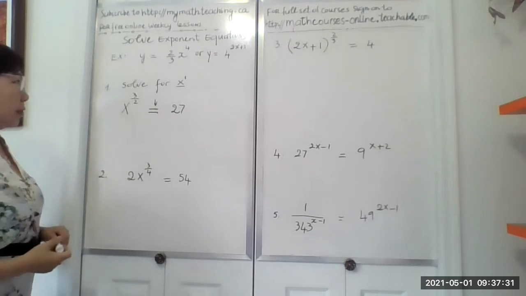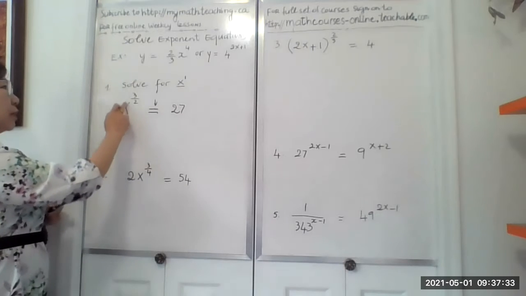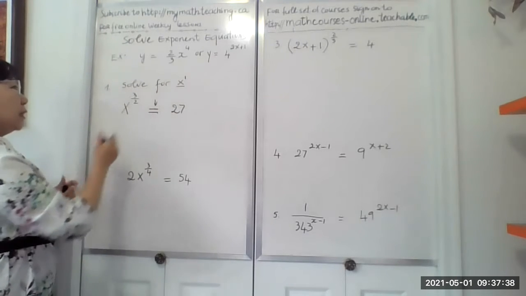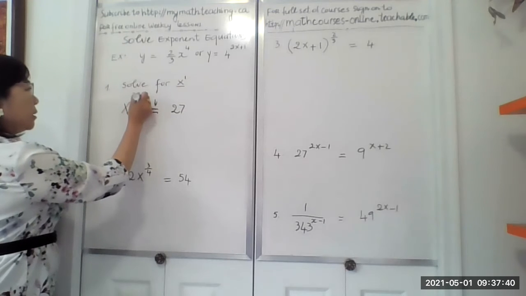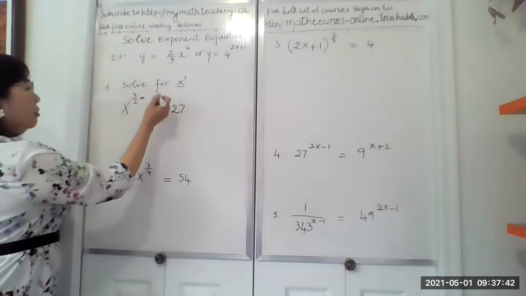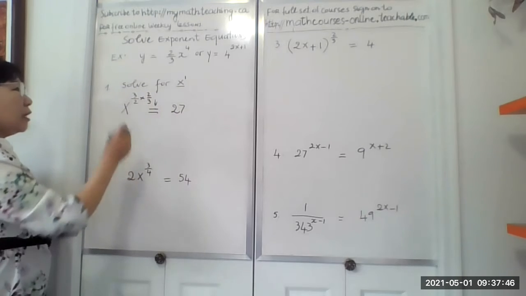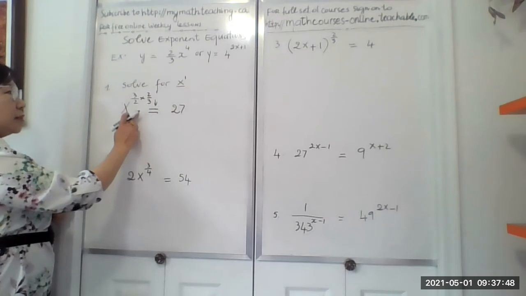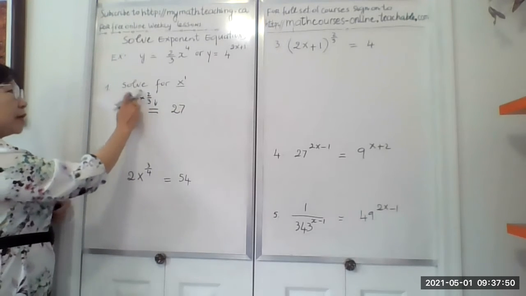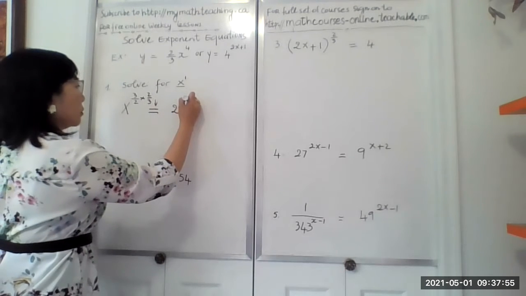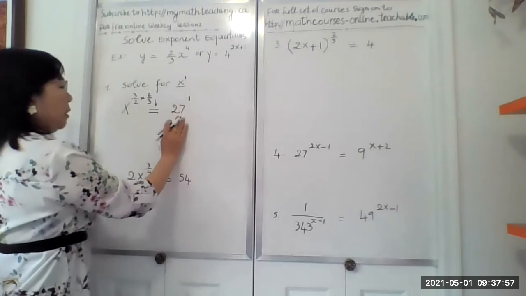That's the idea. In order to get rid of the power here, to get x to the power 1, I will multiply this by the reciprocal fraction 2 over 3. When I do this, it wouldn't be fair if I only do it to the x and not to the number here.